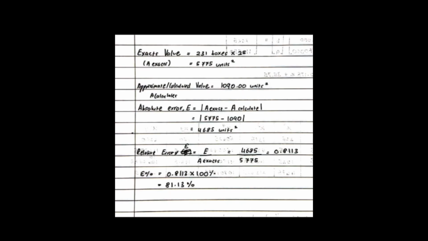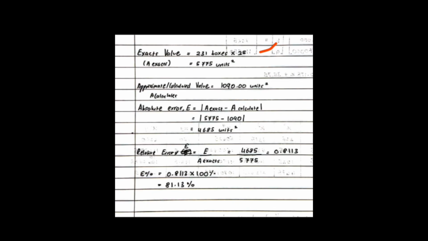Okay, now we're going to calculate the errors. First, we calculate the exact value, which is 231 boxes times 25. The 25 comes from each square being 5 times 5, which gives 25. So we got 5,775 units.